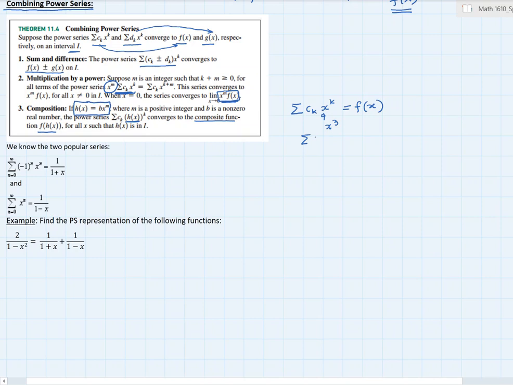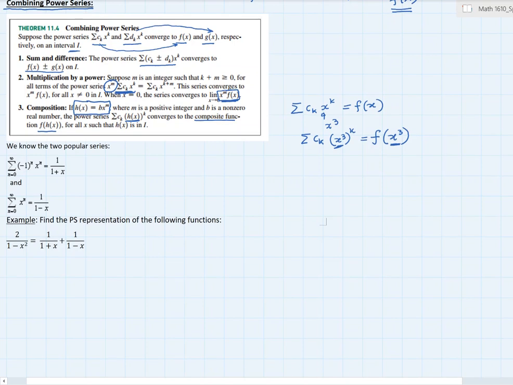So that means ck times x cube raised to the power k. Where will this converge to? Well, it will converge to f of x cube, because where you saw x you wrote x cube, so on this side you will have x cube. You will see the application of it in a few minutes.